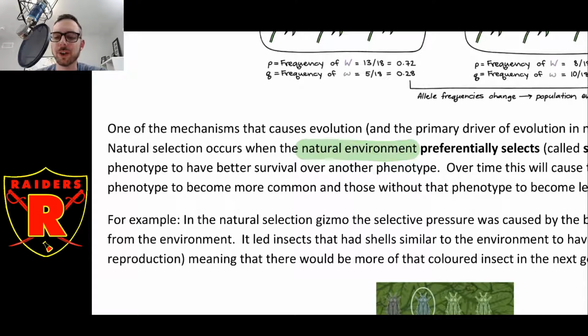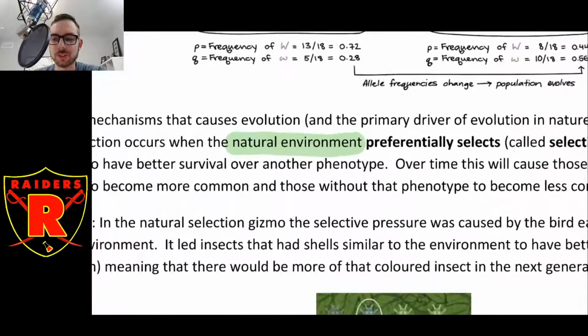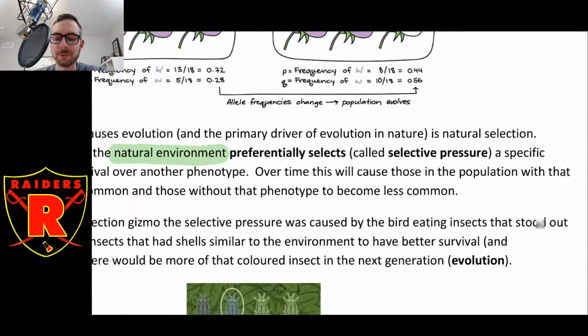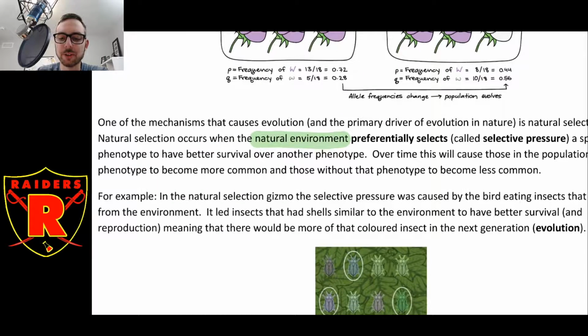Something in the natural environment is choosing, I mean, maybe not actively choosing, but by virtue of its status, is selecting a particular allele to have better survival over another allele. So that is, one phenotype in the population has better survivability than another phenotype, for whatever reason.